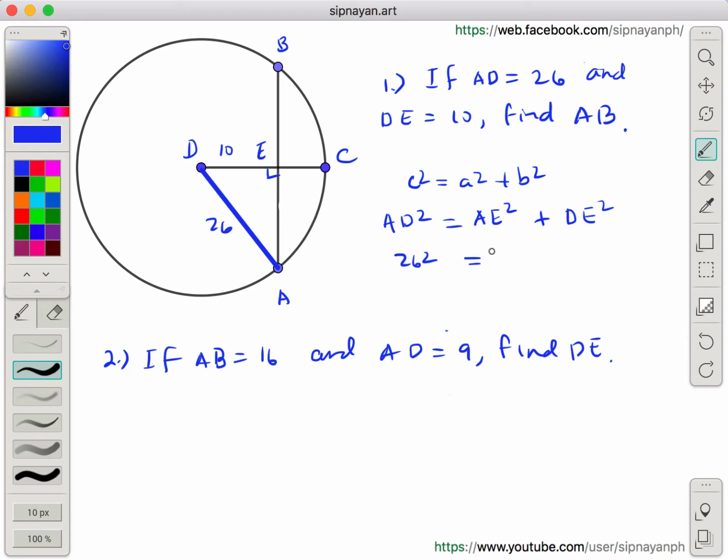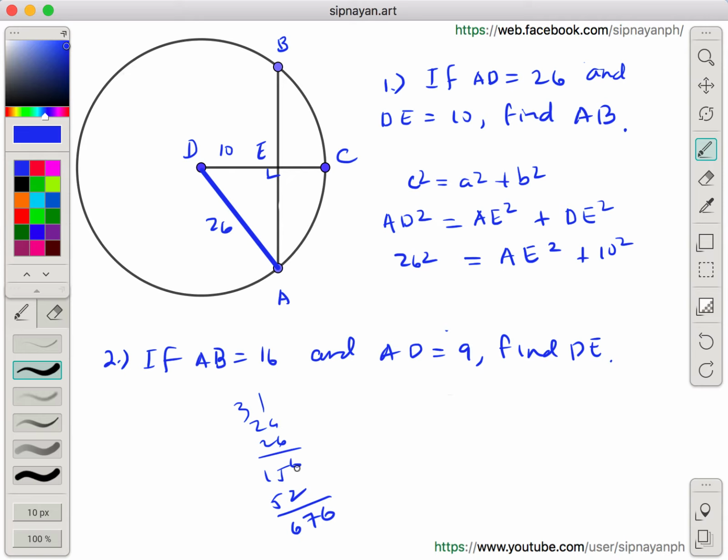So we substitute, we have AD, we have 26 squared equals, may AE ba tayo? Wala tayong AE. Ito yung natin, AE squared. Plus, we have 10 squared, diba? So what is 26 squared? 26 times 26, we have 36, carry 3, we have 15, we have 12, carry 1, we have 5. So 676. Tama ba?